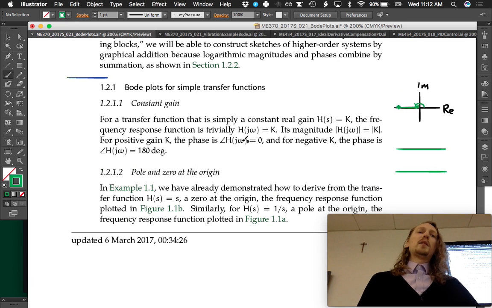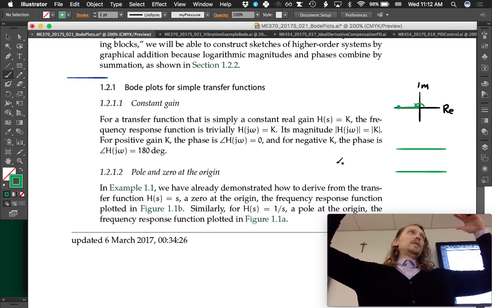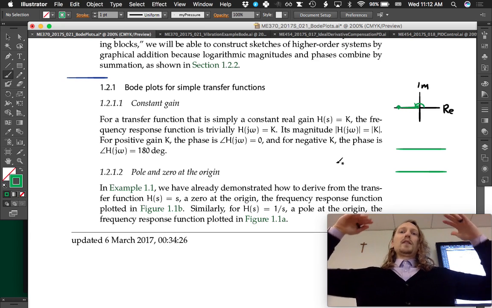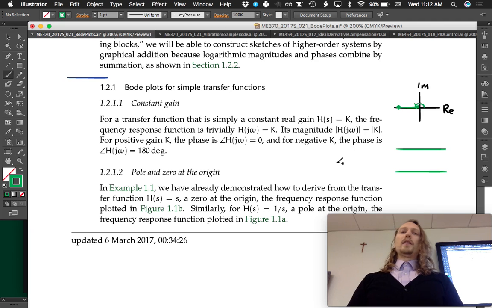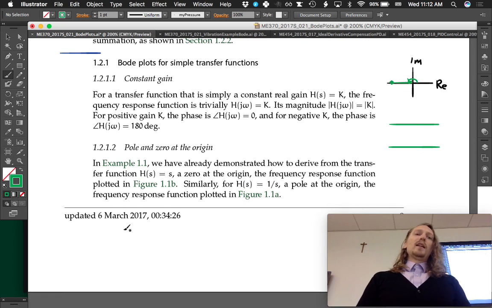Thinking about it in terms of combining it with other transfer functions, the gain just shifts the whole curve up or down, depending on what the gain is. And the phase either adds nothing, or if the gain is negative, it adds 180 degrees. So pretty straightforward. The next simplest two options are poles and zeros at the origin.